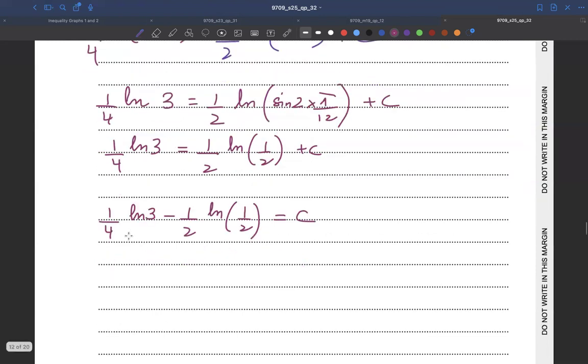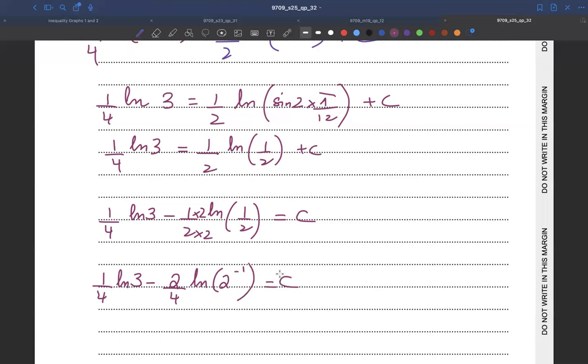Or we can take the LCM first maybe. So let's take the LCM. If I multiply this by 2, I will get 1 upon 4 ln of 3 minus 2 upon 4 ln of 2 to the power of minus 1 equals to c.